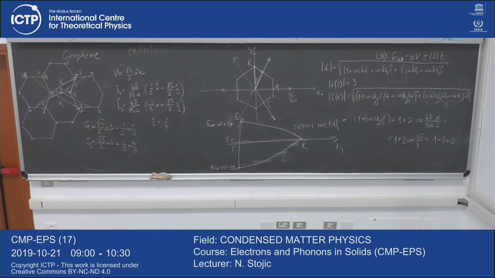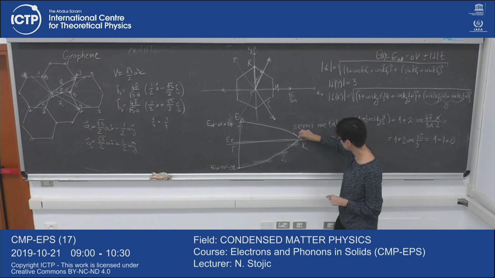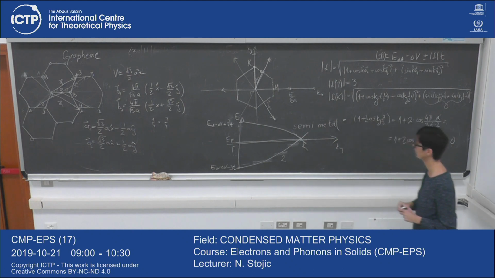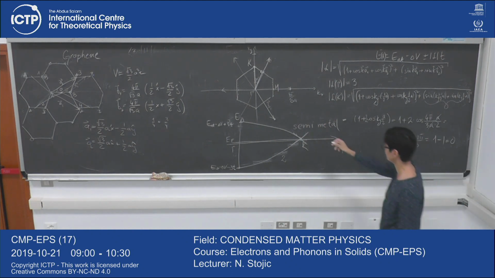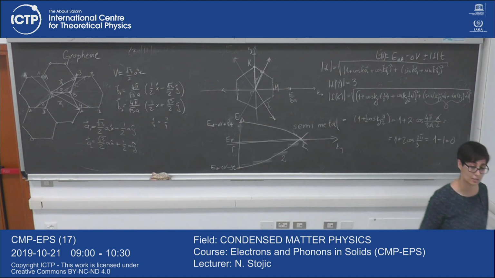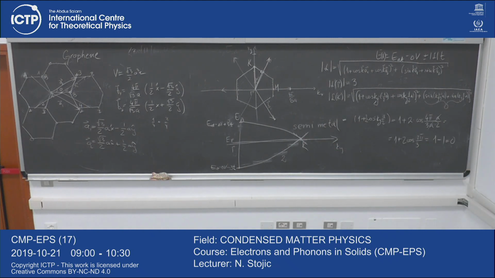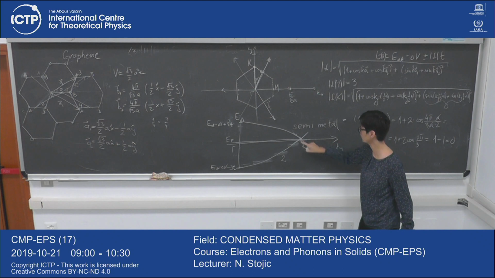No, it's not a gap. It goes this way, and you have two states there. At this point, it is degenerate. That condition is for non-degenerate states; here you have exactly two states.